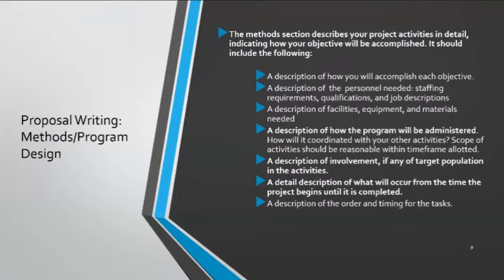Then next, there should be a description of what will occur from the time the project begins until when it ends. For example, a lot of program reports are going to ask you to report back to them, and they're going to say, we want to know what's going on for 30 days, 60 days, 90 days until the program is all over.